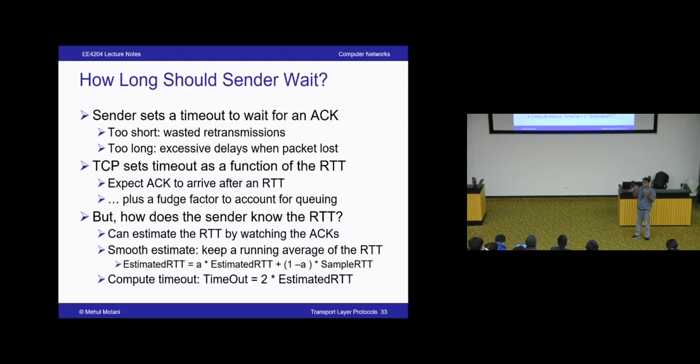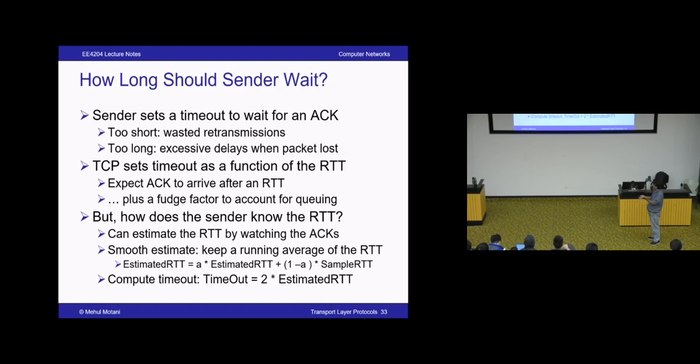But the network is changing very, very fast, and you don't necessarily want your timeout to keep chasing the network, right? So what we end up doing is we come up with a moving average. Call this estimate 1. My estimate 1, which I call the smooth estimate, is just a running average of the RTT.